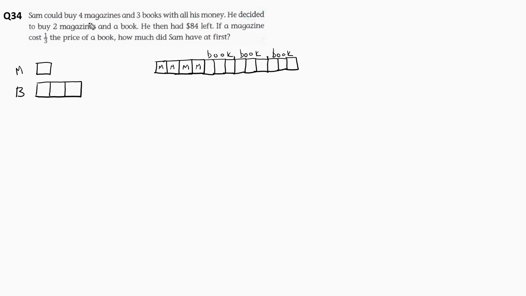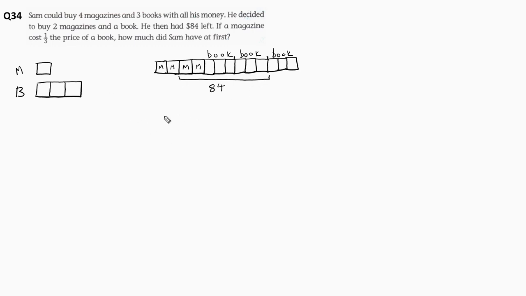Okay, so he buys 4 magazines and he buys 2 magazines and a book, which means he doesn't buy 2 books and 2 magazines. So this is the bit that he doesn't buy. Okay, does that make sense? And so that is worth 84.